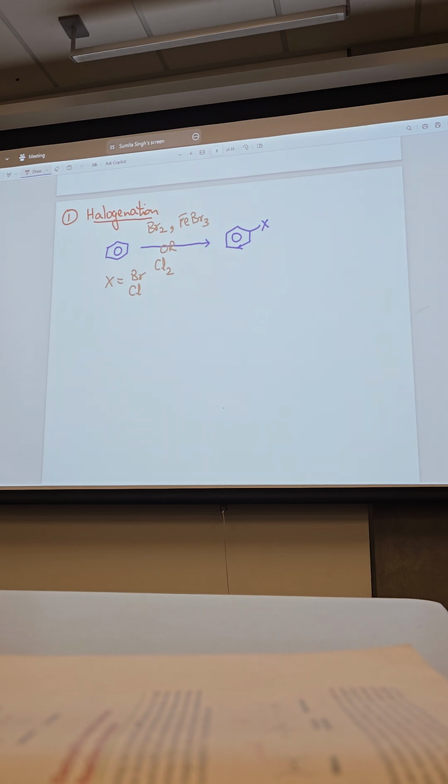But if you're doing chlorination, the Lewis acid catalyst is aluminum chloride. So bromination is bromine with ferric bromide. Chlorination is chlorine with aluminum chloride. Please make a note that aluminum chloride and ferric bromide are Lewis acid catalysts. They are not reactants, they are catalysts. But chlorine and bromine are reactants.